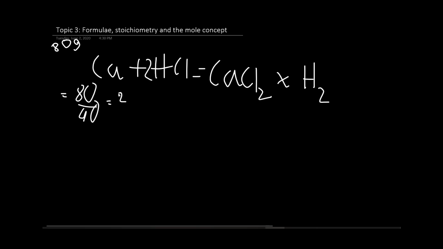So basically 80 grams of calcium means having 2 moles of calcium. Since 1 mole of calcium produces 1 mole hydrogen gas or 1 mole calcium chloride, we can expect 2 mole calcium to produce 2 mole hydrogen gas and 2 mole calcium chloride as well.